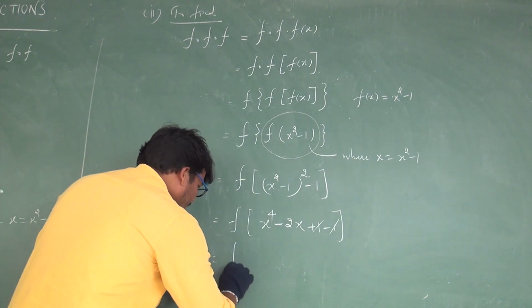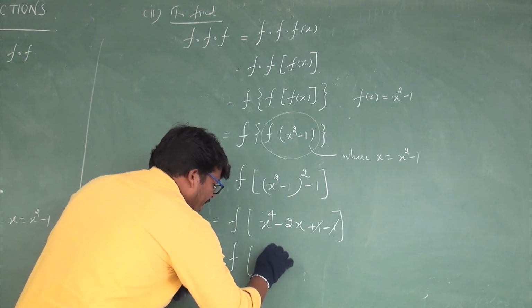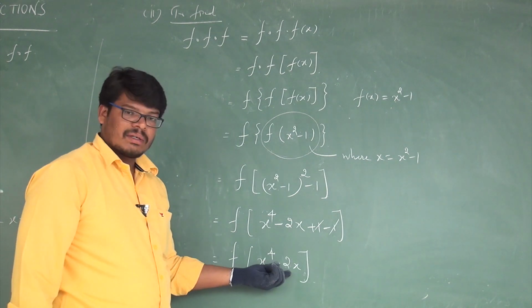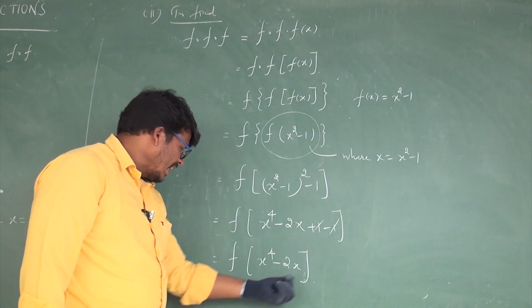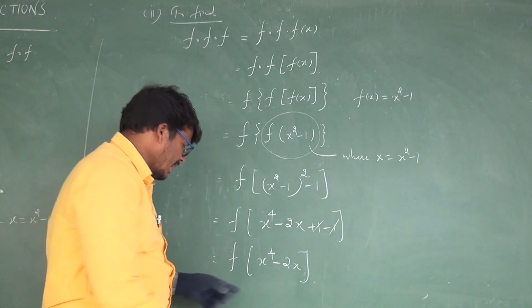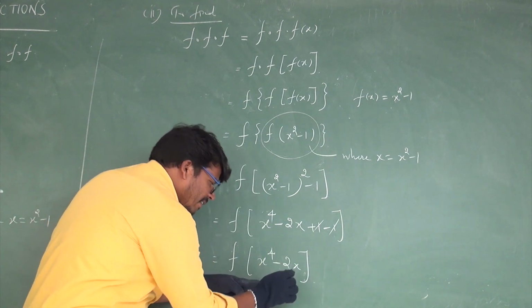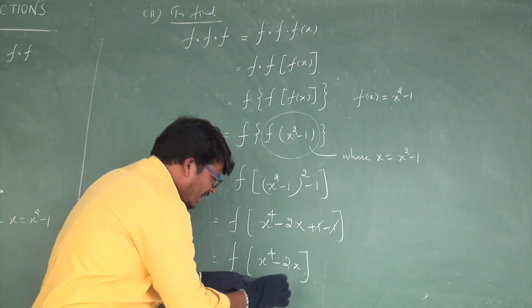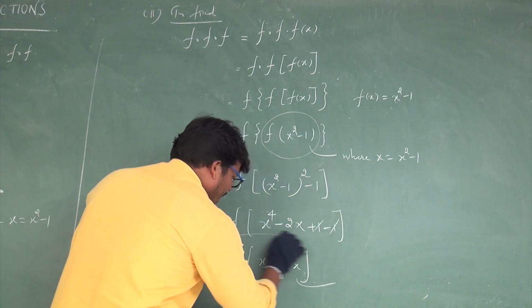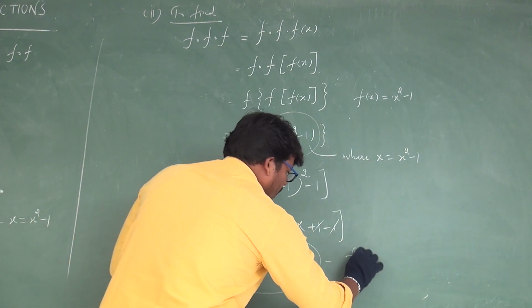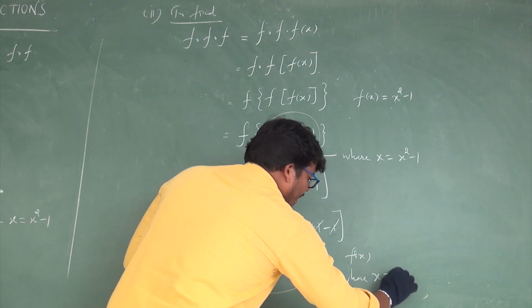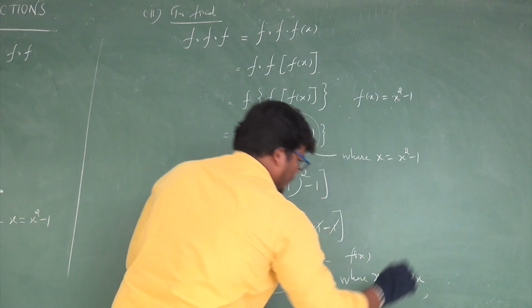The remaining is x power 4 minus 2x square. The entire function is f of x, where x value is x power 4 minus 2x square.